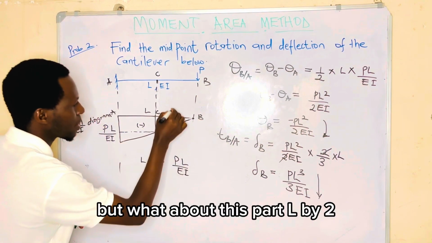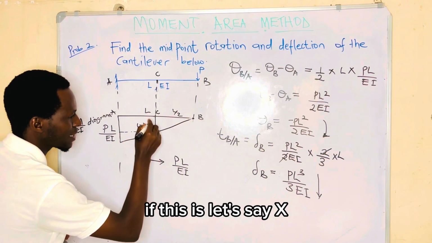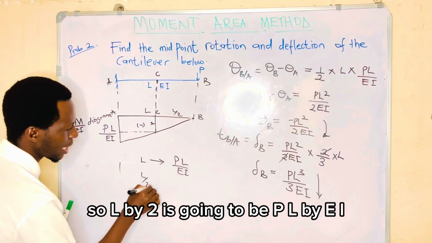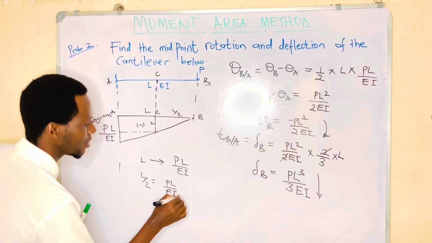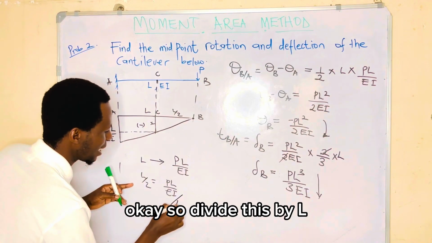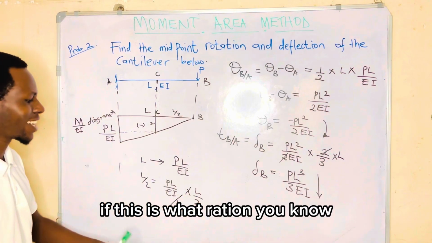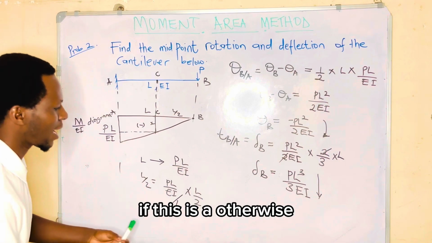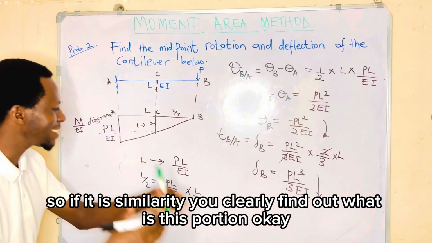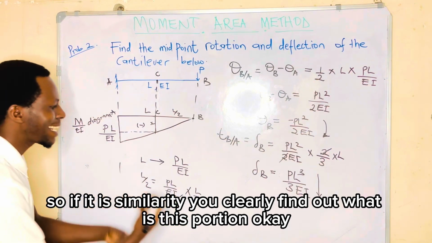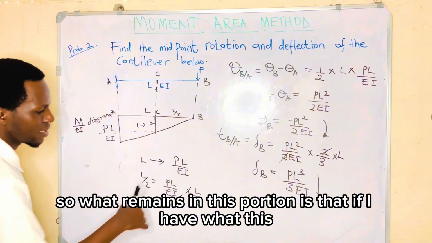But what about this part? L by 2 only. If I need only L by 2, let's say this is X, so L by 2 is going to be PL by EI. So divide this by L, then multiply this by L by 2. If it is a similarity, you clearly find out what this portion is.